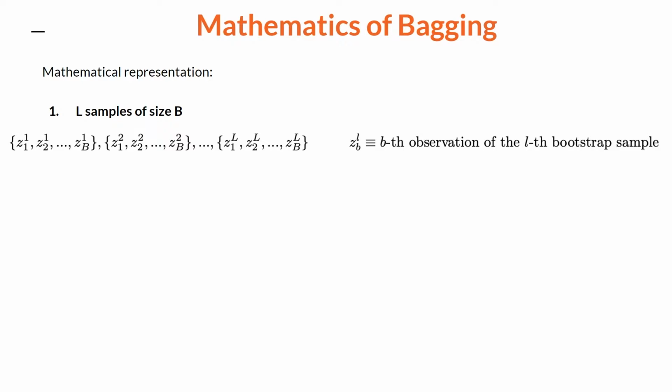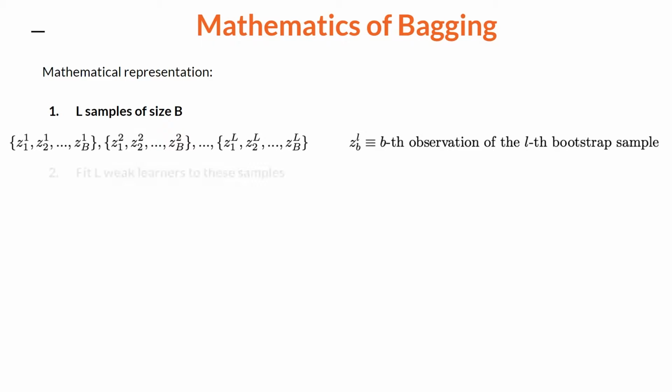So you have Z1 sub 1, Z1 sub 2, through Z1 sub B. That's your first sample, and it's of size B. Your next bootstrap sample, Z2 sub 1, Z2 sub 2, etc., all the way through your last bootstrap sample, ZL sub 1, ZL sub 2, through ZL sub B. So in this representation, z sub b superscript l is equivalent to the bth observation of the Lth bootstrap sample.